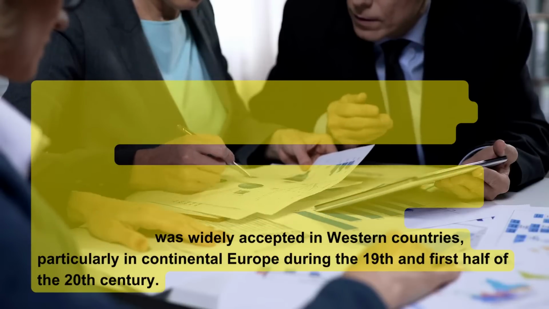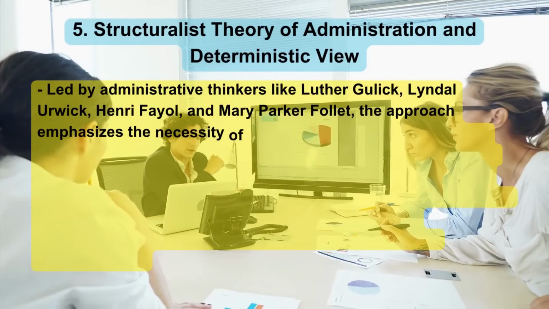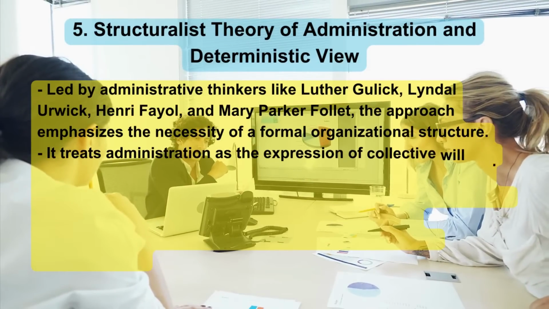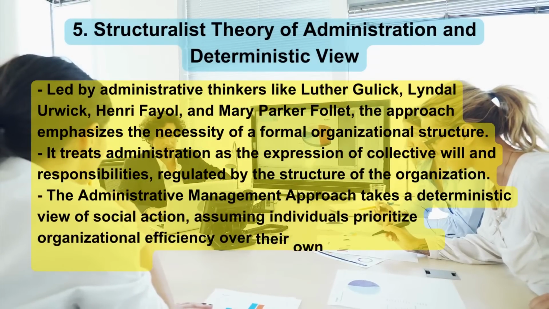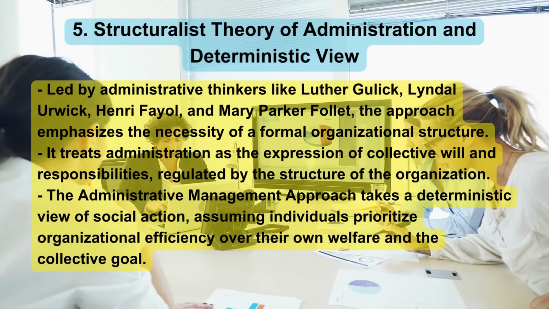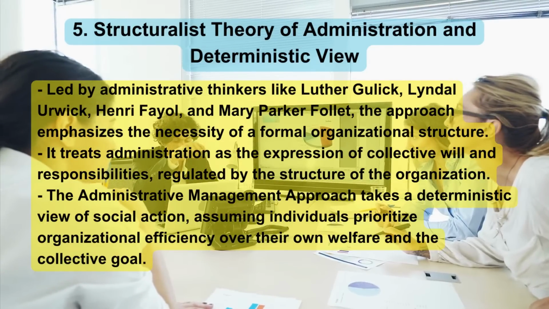20th century. 5. Structuralist theory of administration and deterministic view, led by administrative thinkers like Luther Gulick, Lyndall Urwick, Henry Fayol, and Mary Parker Follett. The approach emphasizes the necessity of a formal organizational structure.